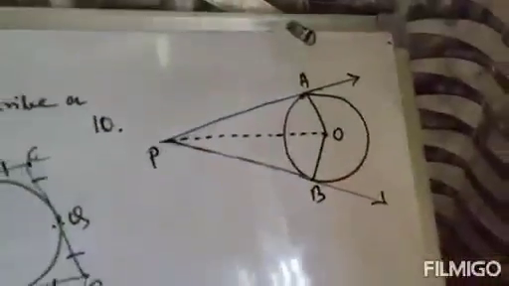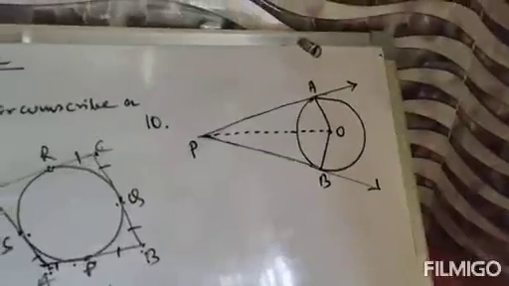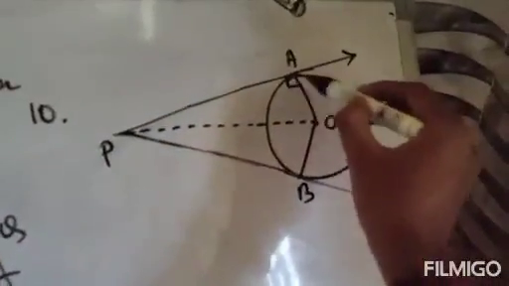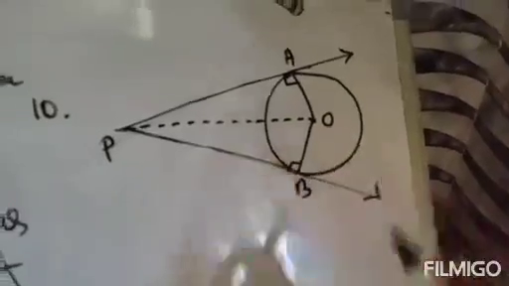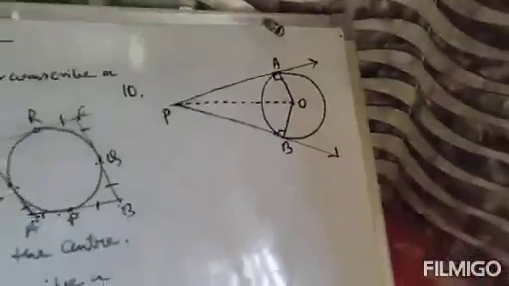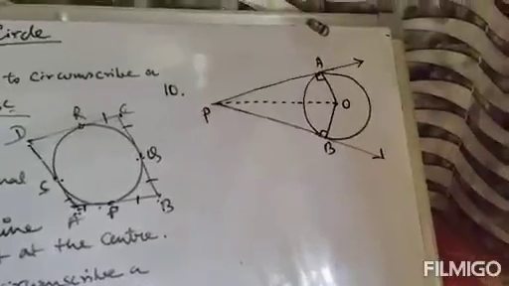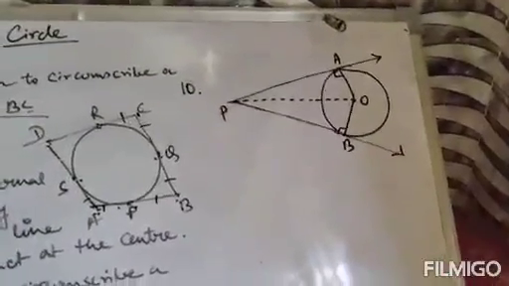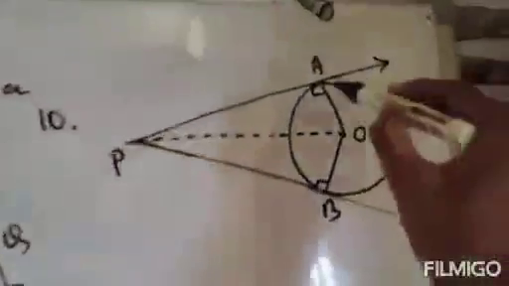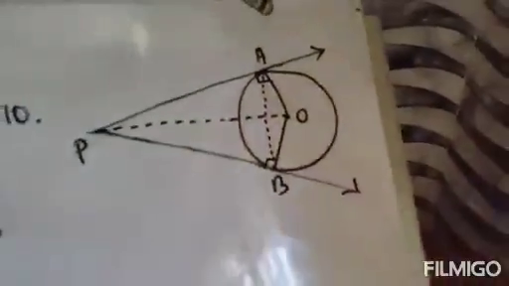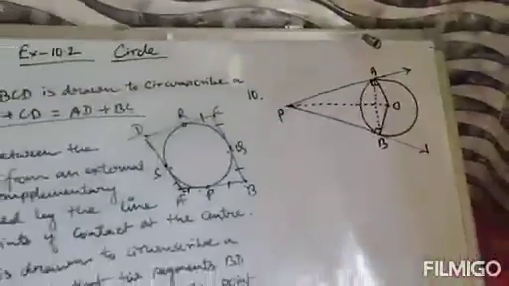Now we have a theorem that the radius is perpendicular to the tangent. So if the radius is perpendicular to the tangent, this angle will be 90 degrees. Those angles will be 90 degrees. Clear? And connect these points A and B. So the diagram will look like this.